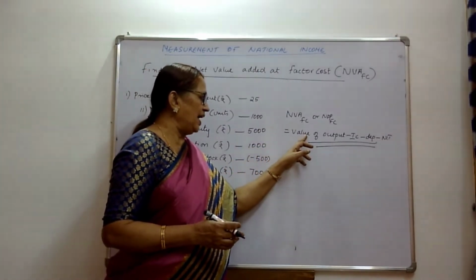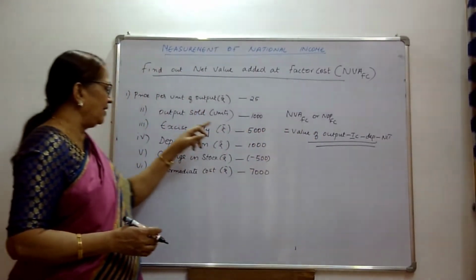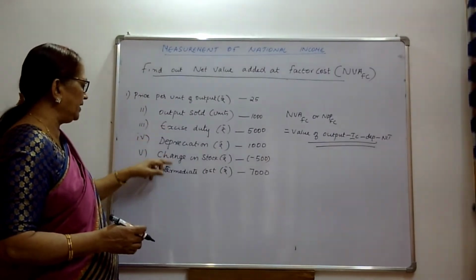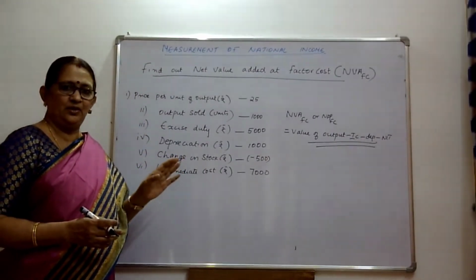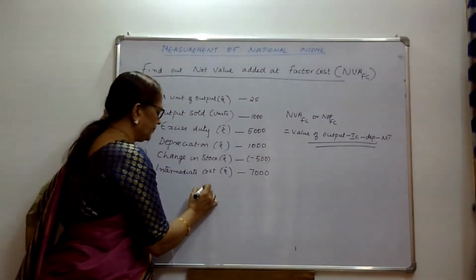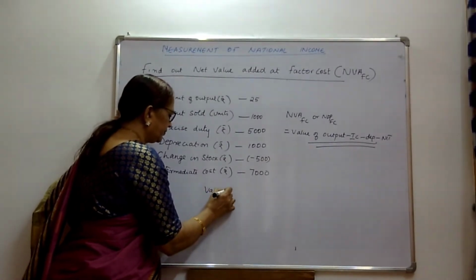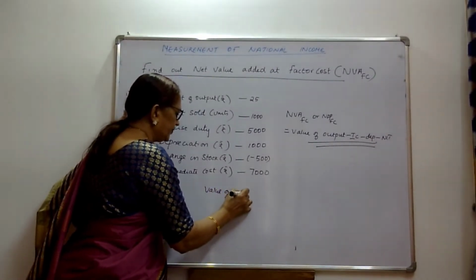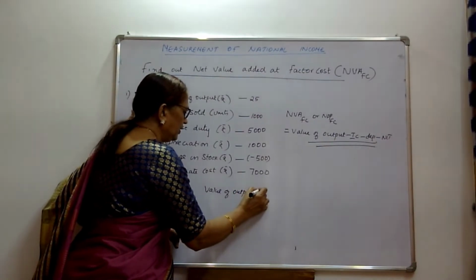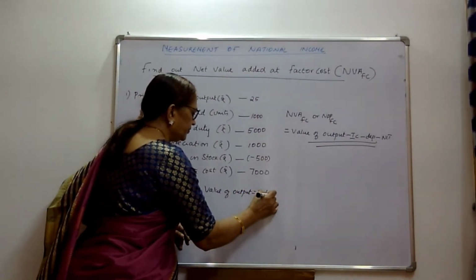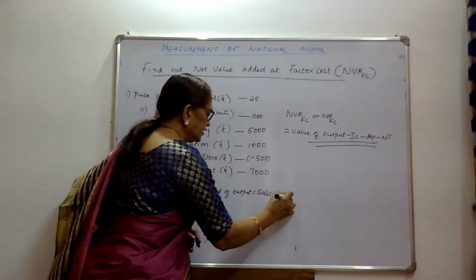So first is value of output. We have to check whether value of output is given directly. No. Value of output is equal to sales plus change in stock.